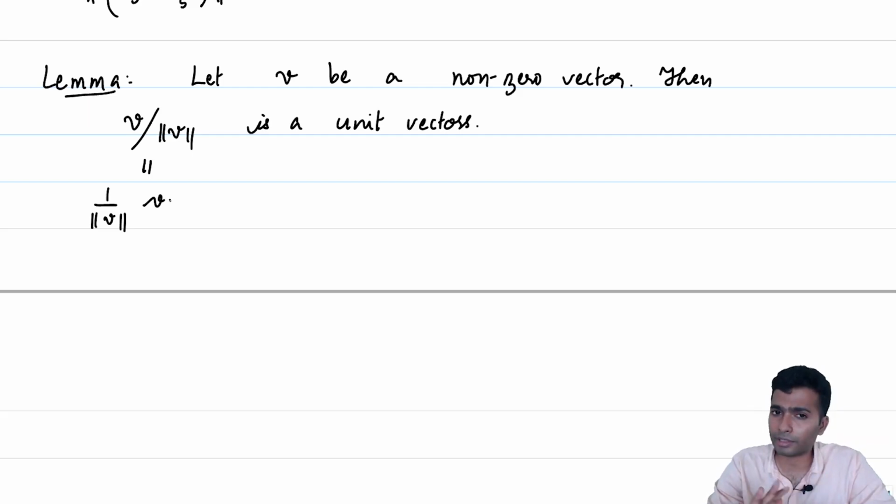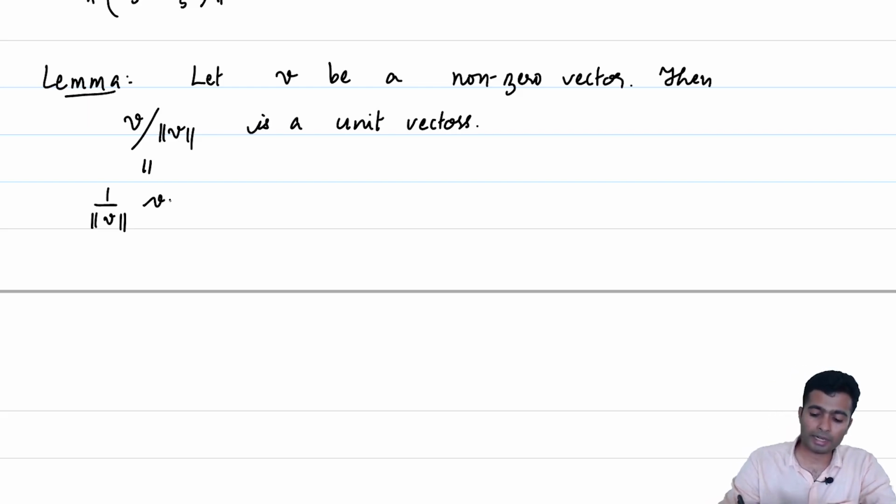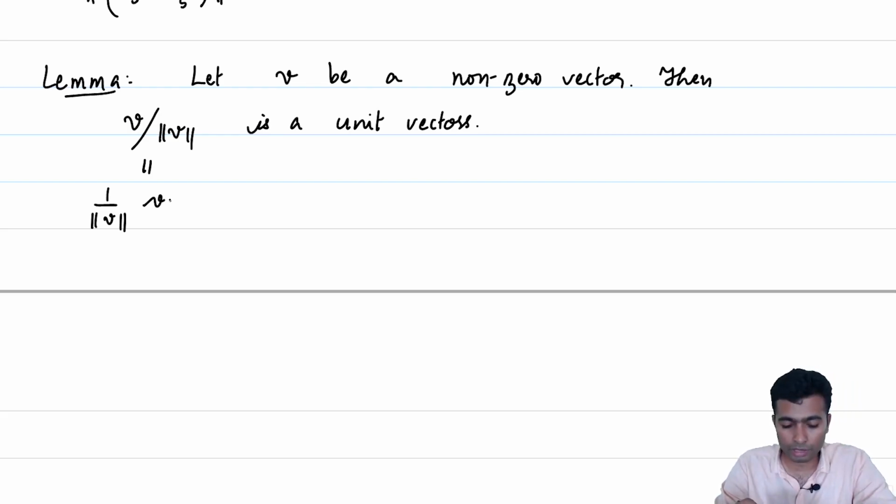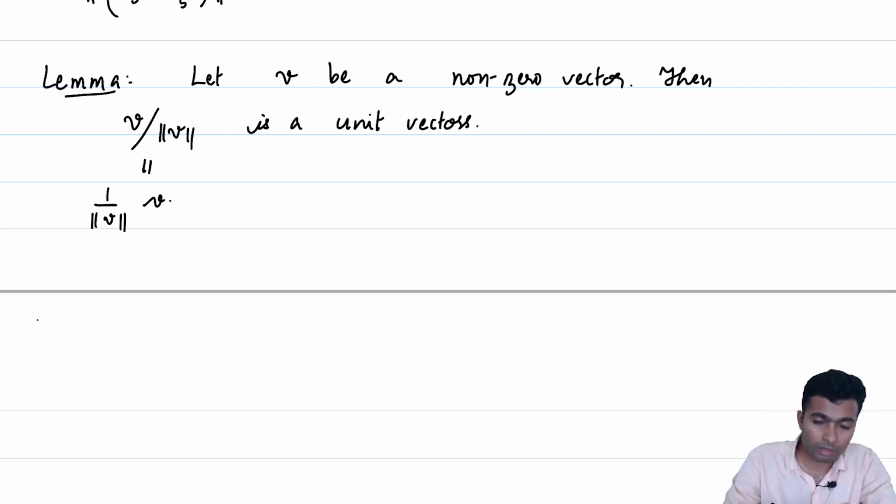The scalar multiplication of 1 by length of v with the vector v makes complete sense, and the lemma states that this particular vector has unit length. So what do we do to prove that?